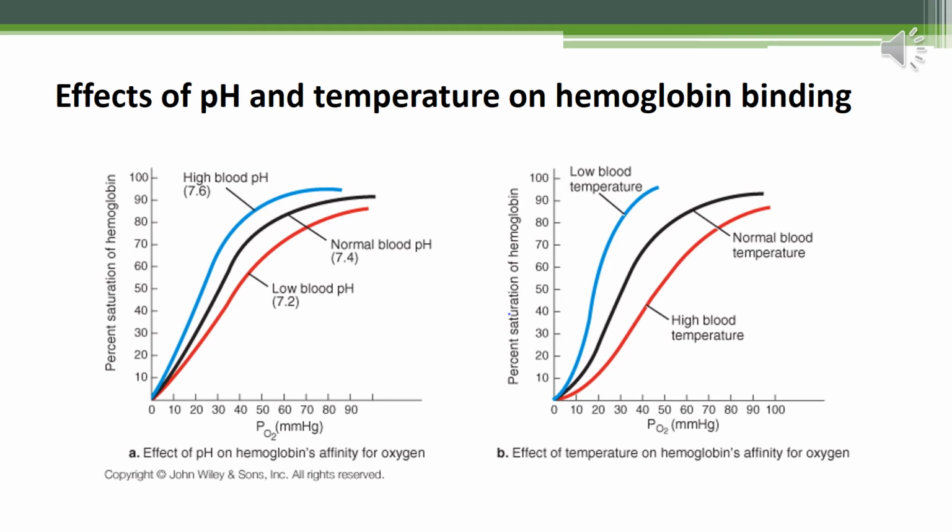And as I said, we don't have a graph for partial pressure, but just remember that when partial pressure goes up, hemoglobin affinity for oxygen goes up, and when partial pressure goes down, the hemoglobin affinity for oxygen goes down.